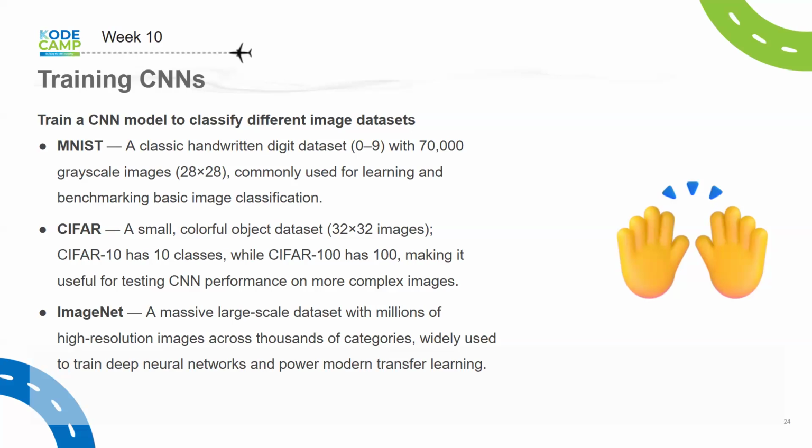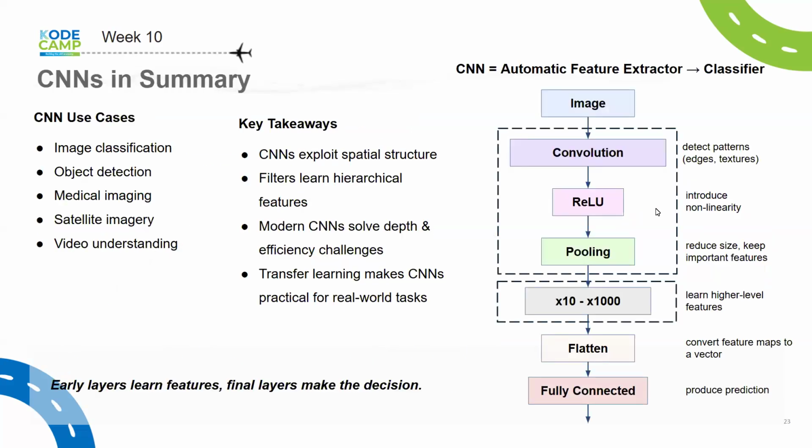And then the whole idea of convolution itself, which you could summarize in a few things: the spatial structure, the hierarchical features, then solving depth and efficiency challenges, especially in the more recent architectures of CNNs that use the skip connection, what we now call residual networks. And then we also talked about transfer learning. We'll do a little bit of example on transfer learning.